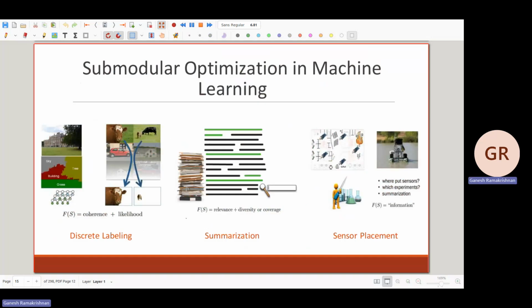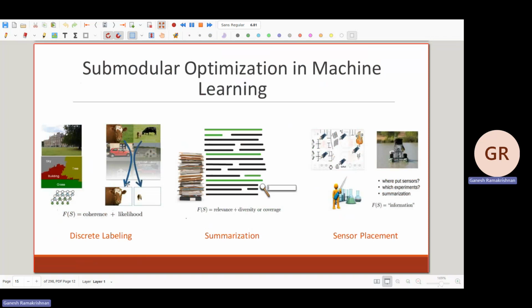Unfortunately, this is exploited by the consumerism industry. But in machine learning, if I have to do discrete labeling, okay, so I can certainly exploit submodularity. For example, I may look at coherence. So if I'm doing image segmentation, I might look at even the minimization aspect and find coherent sections of the image and say, well, please label these for me.